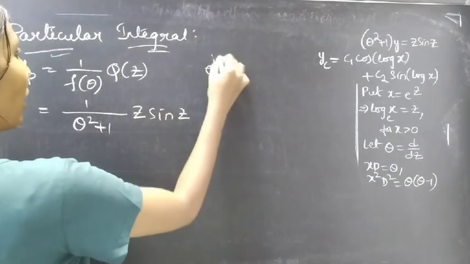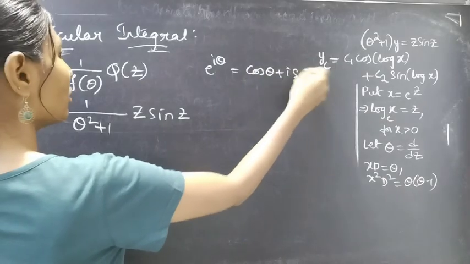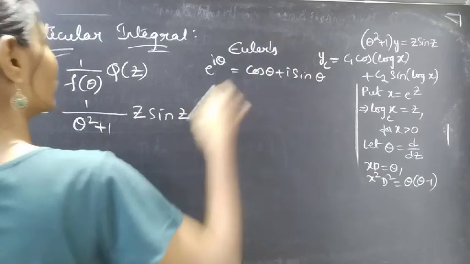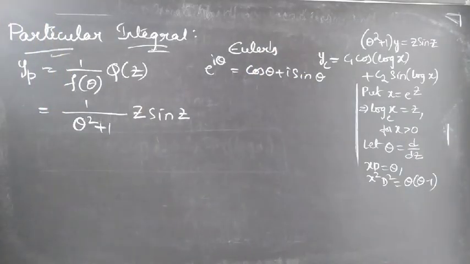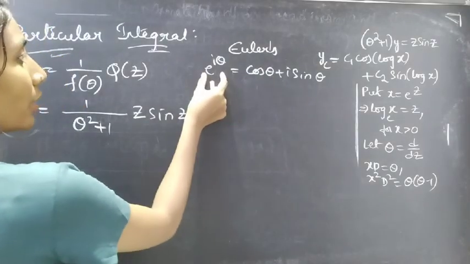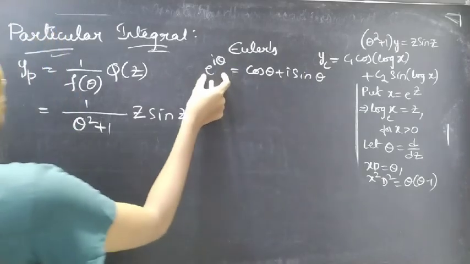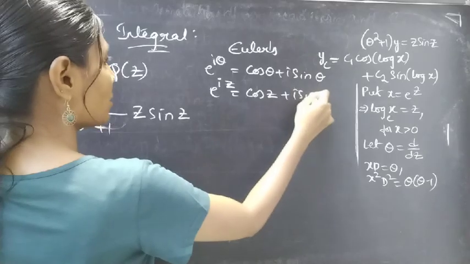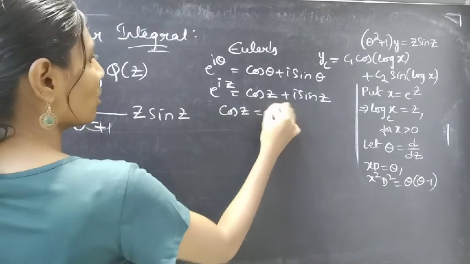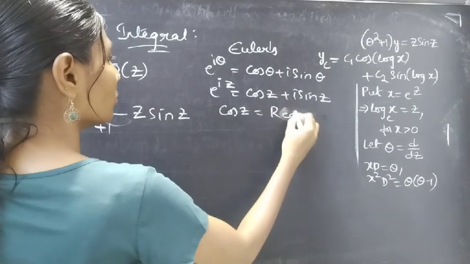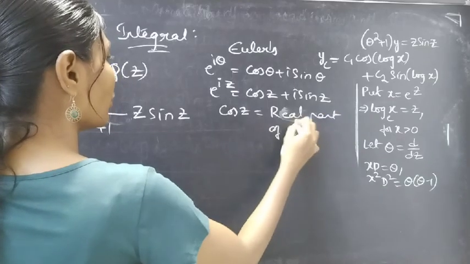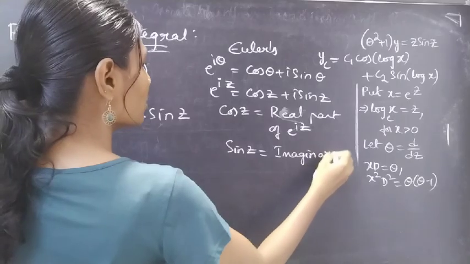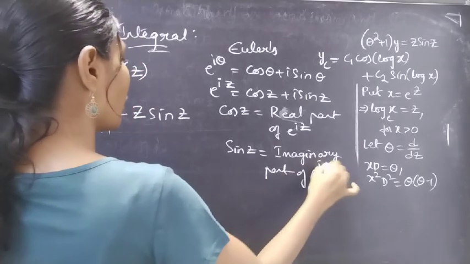We know that e^(iθ) = cos θ + i sin θ from Euler's formula, where cos θ is the real part of e^(iθ) and sin θ is the imaginary part of e^(iθ). Likewise, e^(iz) = cos z + i sin z, where cos z equals the real part of e^(iz) and sin z equals the imaginary part of e^(iz), right?